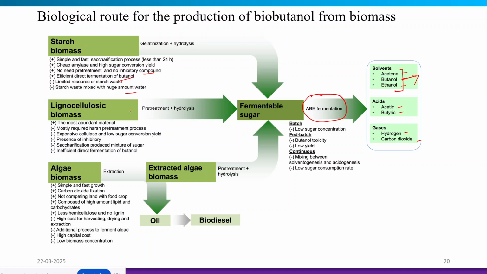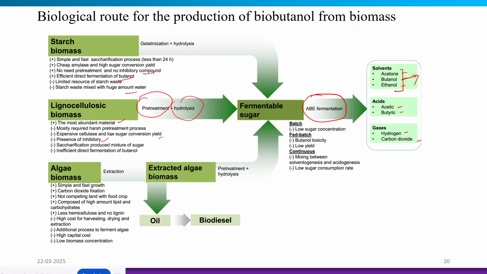That may be two limitations of the starch biomass, but overall it is a good source of high sugar conversion yield. In the case of lignocellulosic biomass, it needs pretreatment as well as hydrolysis, then we get the fermentable sugar. It is the most abundant material, one of the plus points, but it has a lot of difficulties: it mostly requires harsh pretreatment processes like acid and alkali pretreatment, expensive cellulase, and low sugar conversion yield has been reported, and the presence of inhibitory compounds.